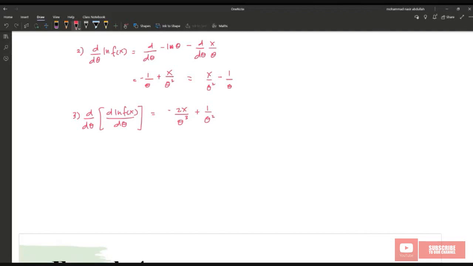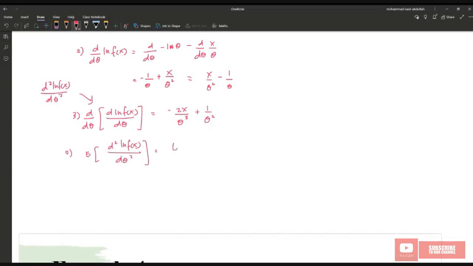Right, and then step number 4, we're going to take the expected value of the second derivative. This is the second derivative of ln fx with respect to theta.